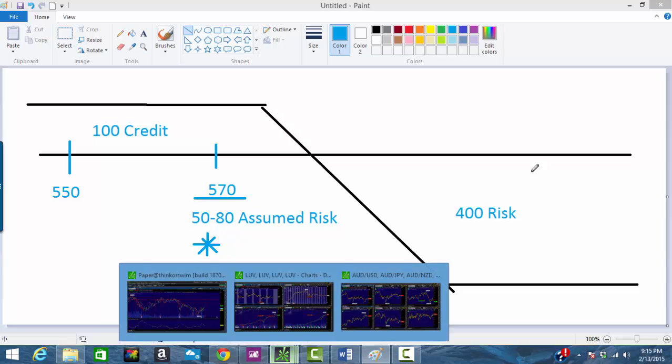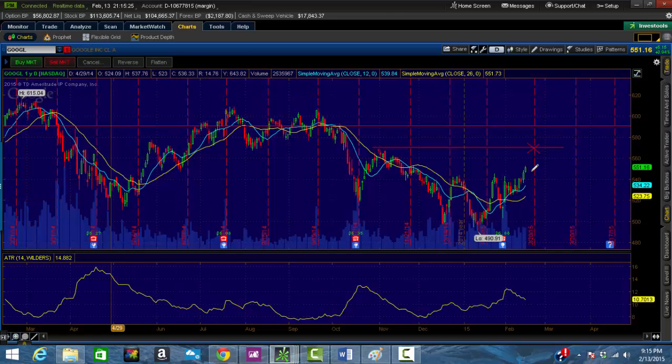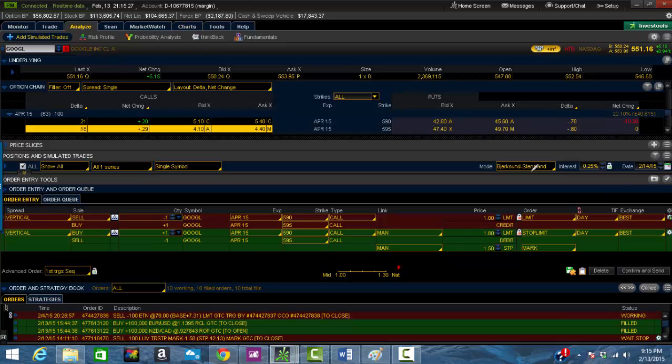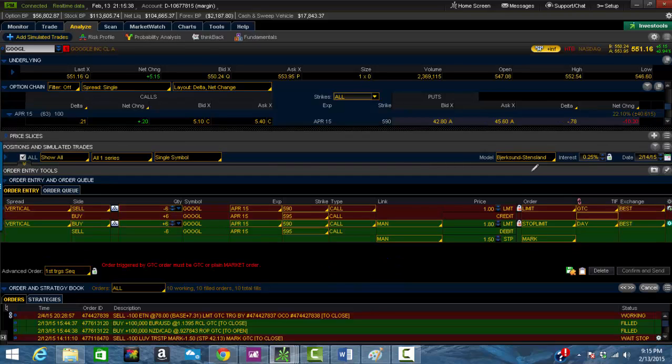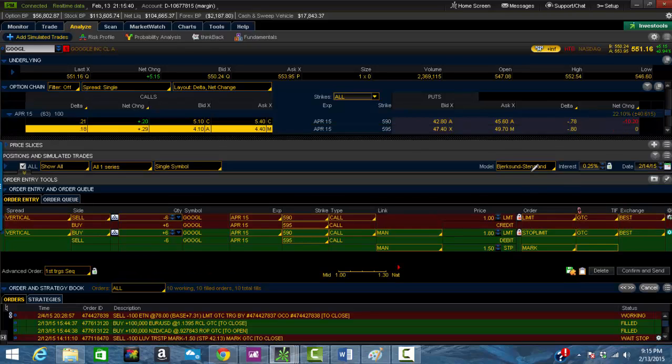So then I can come back in, and in my Analyze tab, everything should be saved, and set this to 6 contracts, and the stop loss, got to double check that as well. Always check your time in force to good till canceled. And there's an example of how we can set things up in advance to control the risk. Now, let's go ahead and pop that in there, send that off.